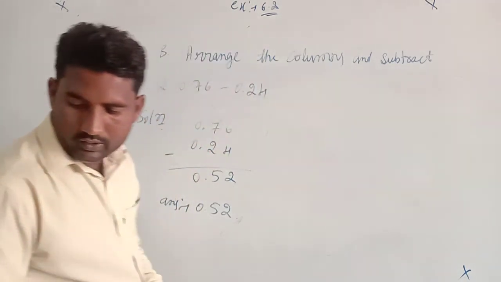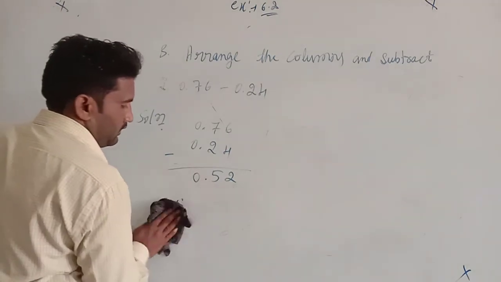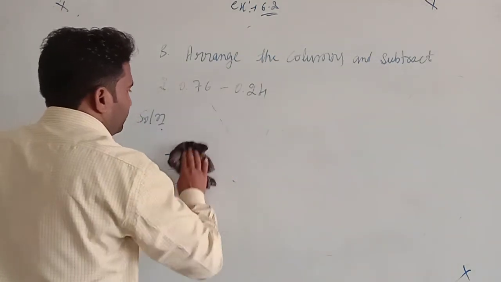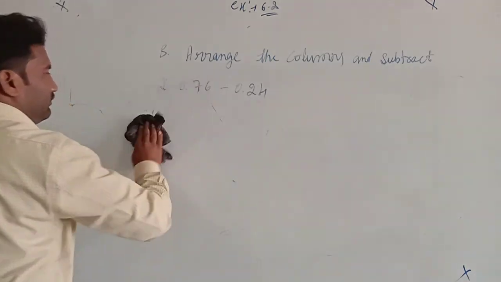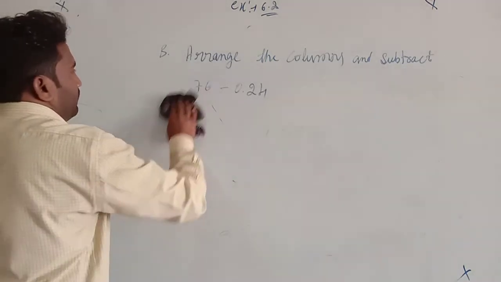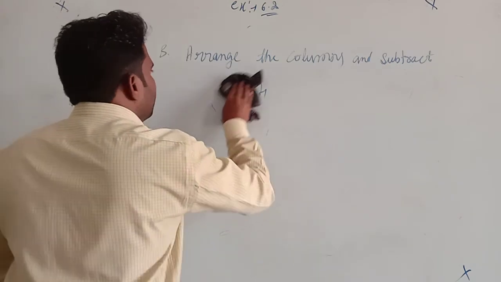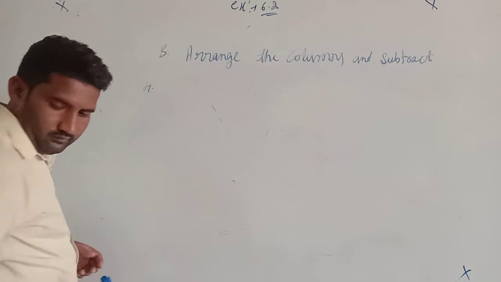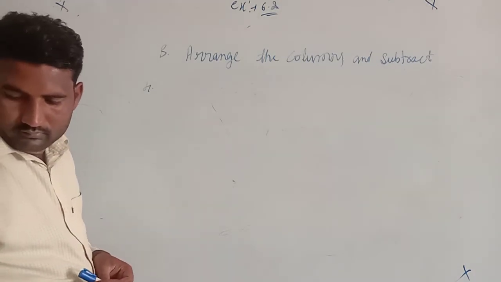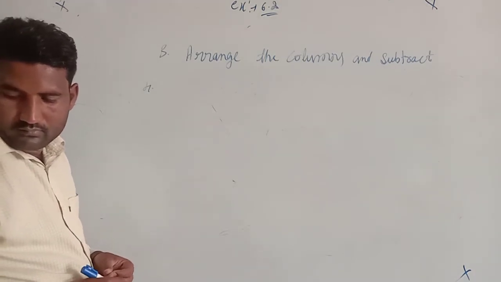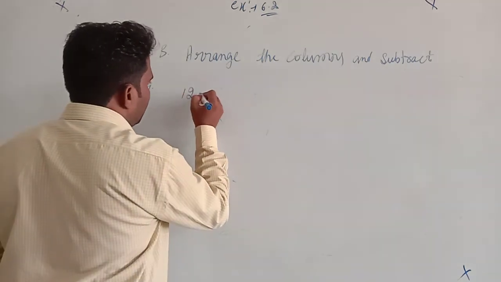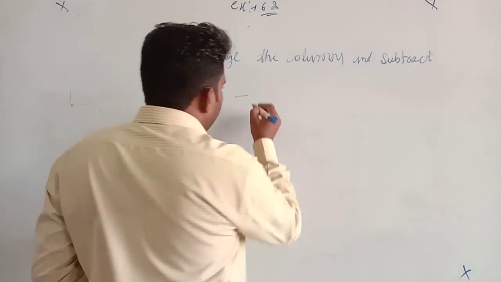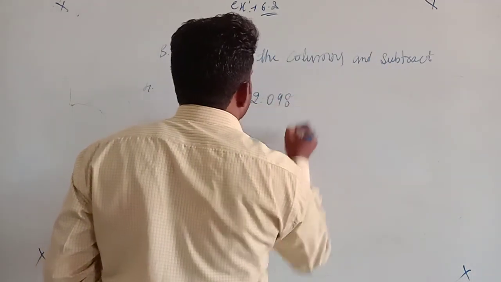So next, the fourth one: 12.980 minus 2.098.